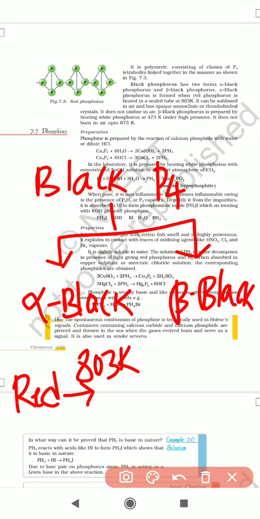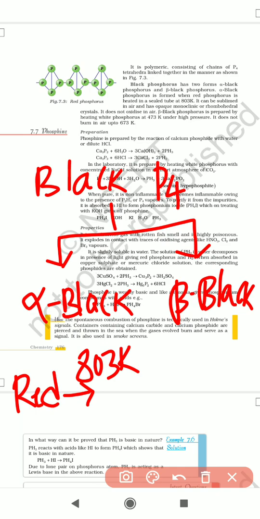So red phosphorus, you have to maintain the temperature up to 803 Kelvin in a sealed tube, and we will get alpha black phosphorus. And this alpha black phosphorus is opaque, exhibiting monoclinic or rhombohedral nature.